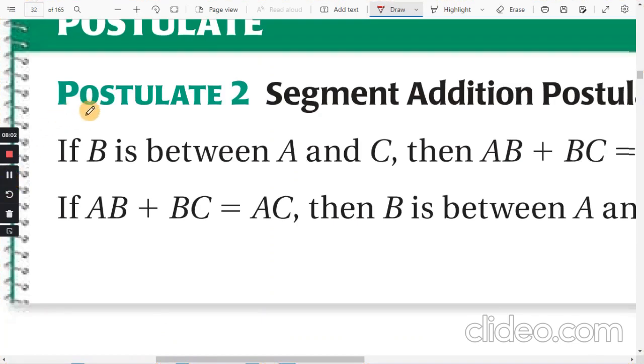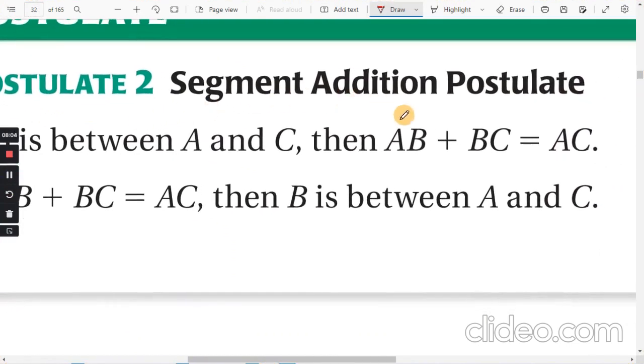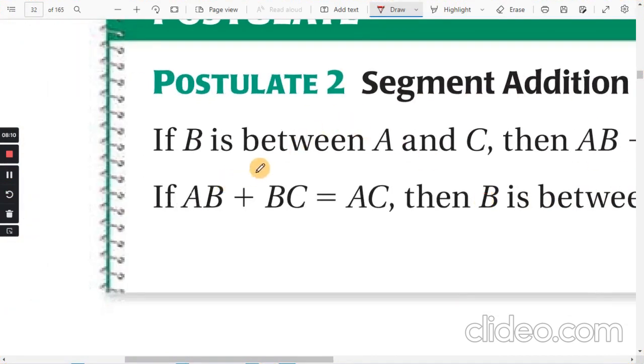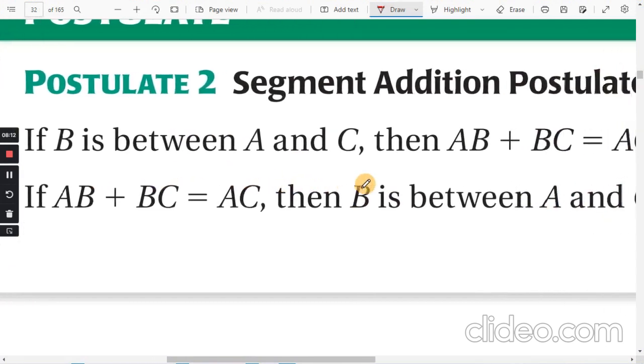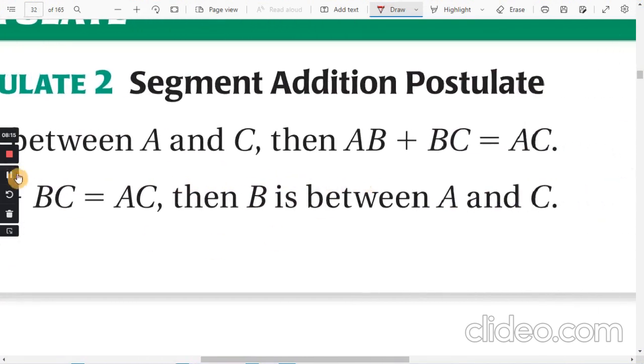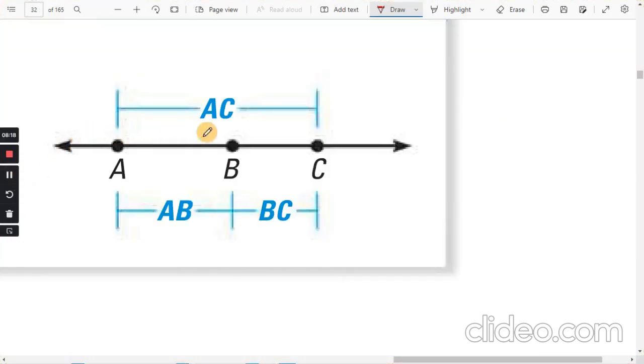If B is between A and C, then AB plus BC equals AC. And if AB plus BC equals AC, then B is between A and C. So right here, these points are collinear. They're all on the same line. We see that point B is between A and C, so we can say that AB plus BC equals AC. We're just adding the 2 smaller pieces, and that equals the whole thing.